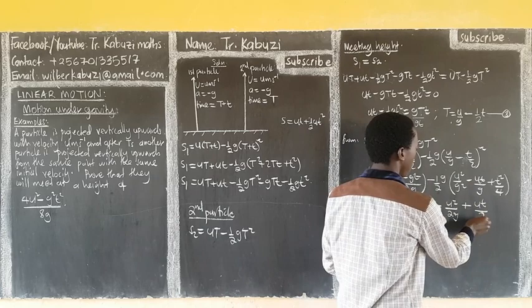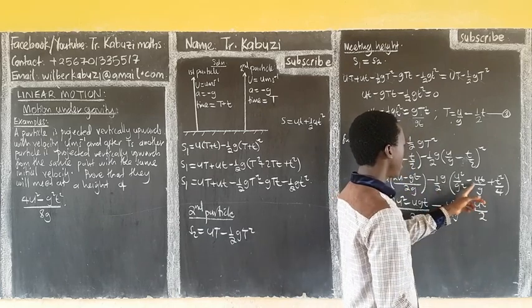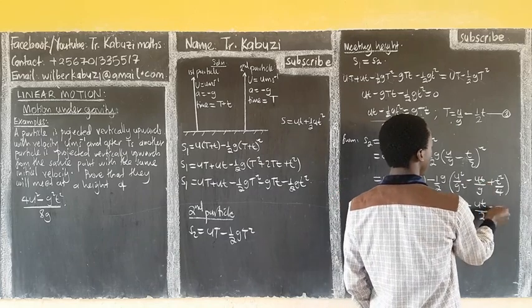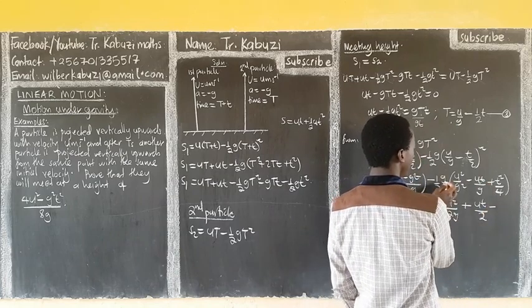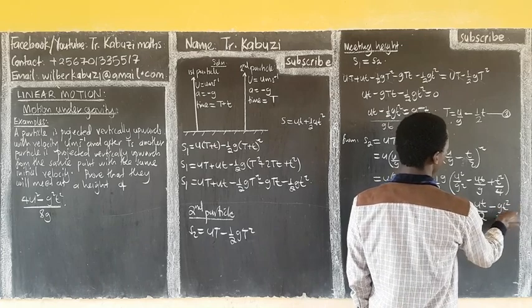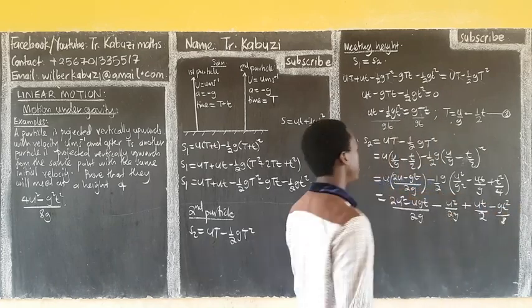Then this half will survive. Then this negative and this negative shall make a negative. Then d squared, the whole over 8 times that.